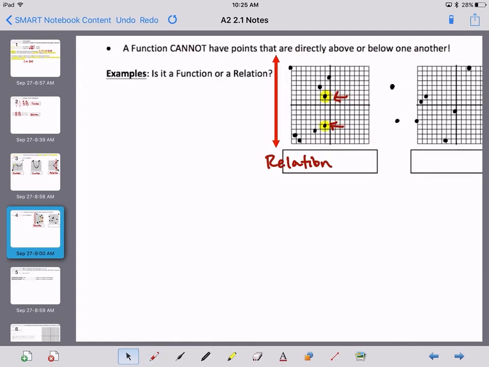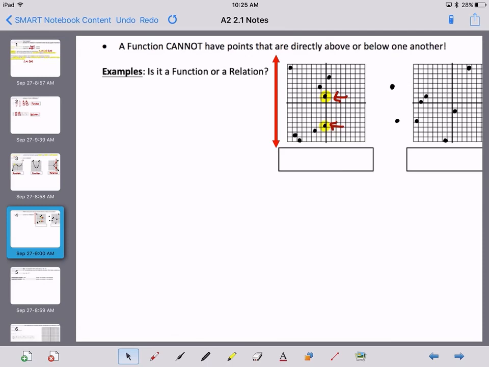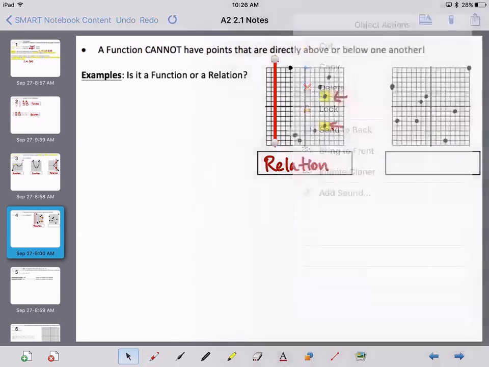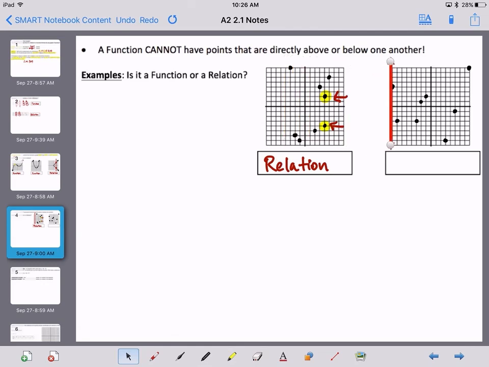So let's try it on our second graph. That first one was a relation because it did not pass the vertical line test. Now let's take our vertical line and pass it through our second graph here.